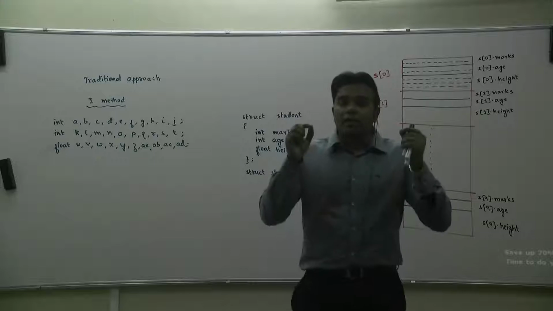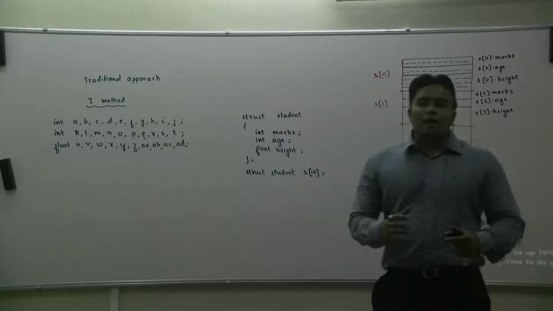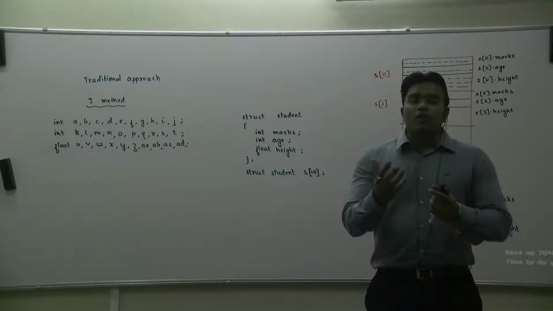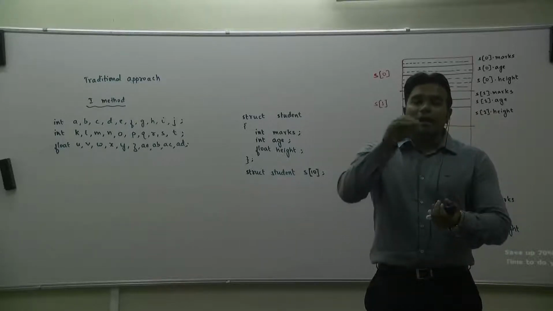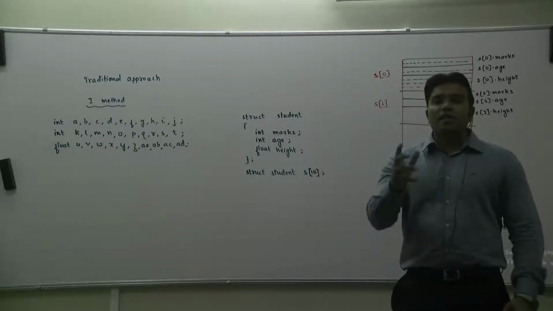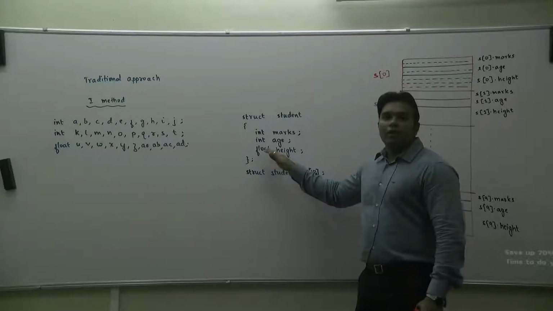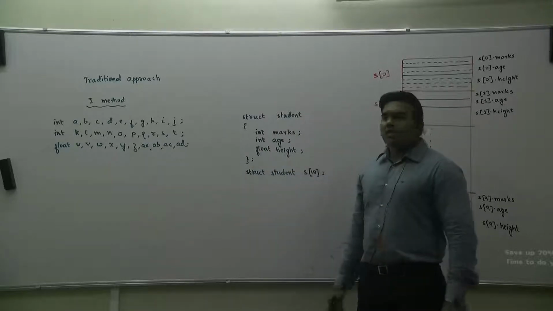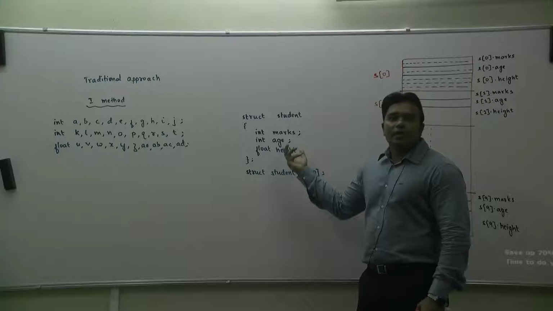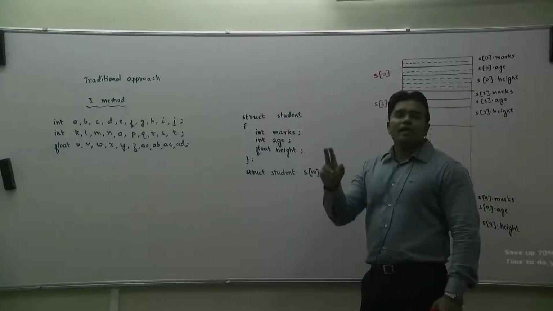This is the benefit of structures. So whenever you want to hold data which are of heterogeneous nature. Heterogeneous means different: int, float, char, like that. Say I want to store the sex of the student. Then char sex is going to come, M for male, F for female.